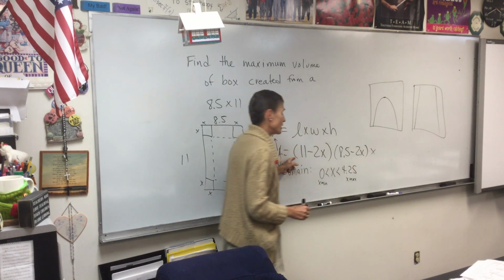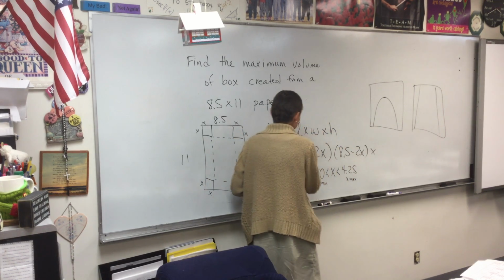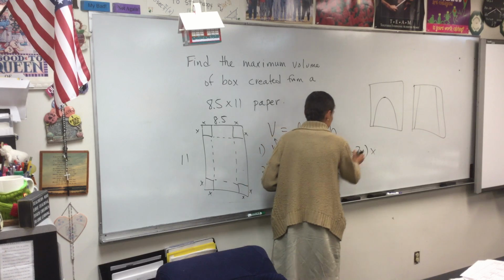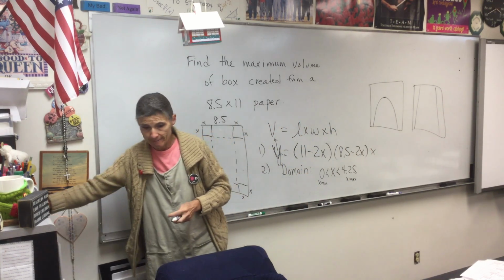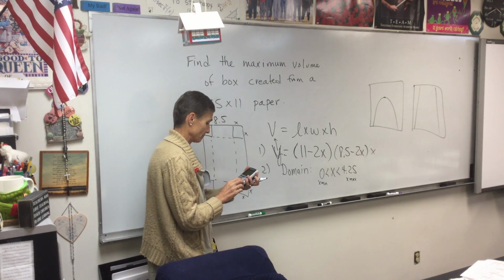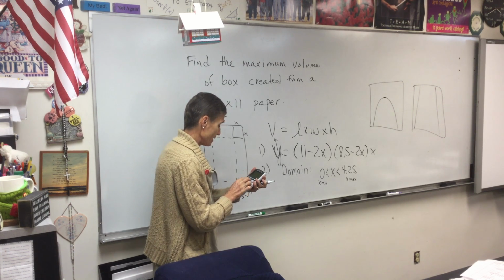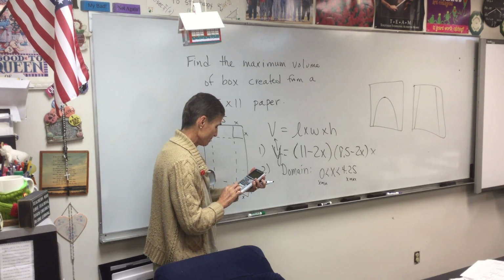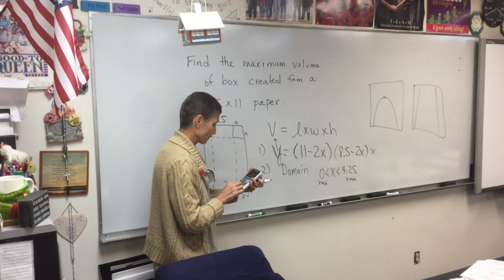When you put this equation into your calculator, you can put it in exactly as I wrote it. Make sure you have the parentheses though. Make sure you have good parentheses. And then do you remember how to find maximums? How do you get out of like my X plus the T?